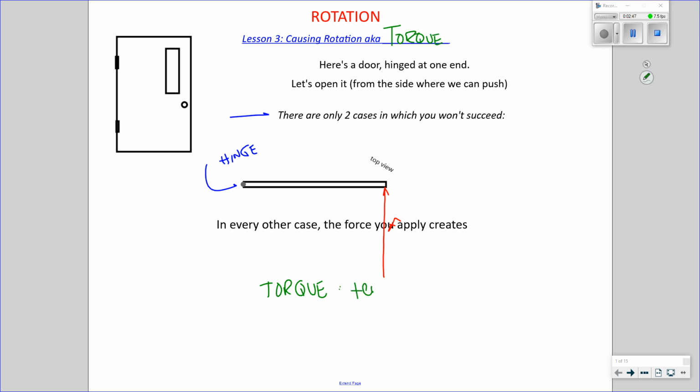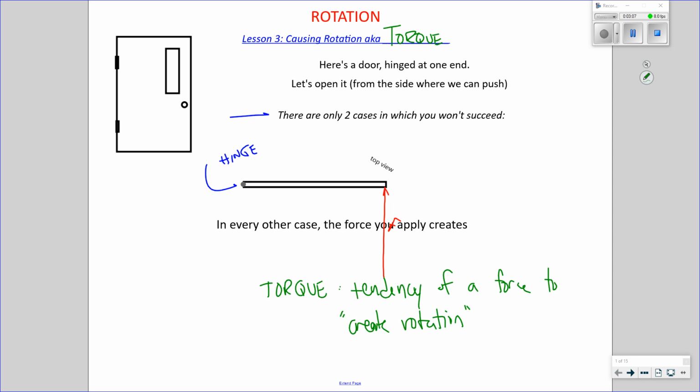So this I would call the tendency of a force to create rotation. Now, I don't like this definition for a specific reason, but it works for now.